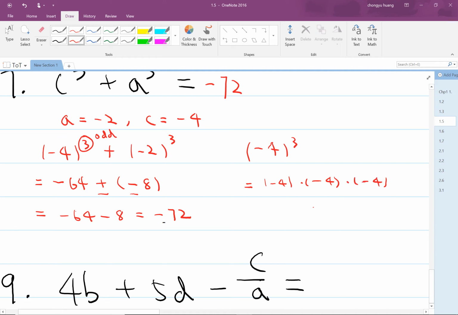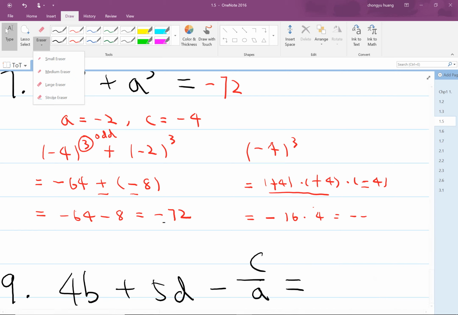You can see over here, those two negatives get cancelled, right? But there's still one negative, so therefore the solution is negative. And then 4 multiplied by 4 is actually 16, and then 16 multiplied by 4, so therefore that's why you know the solution over here is actually negative 64.